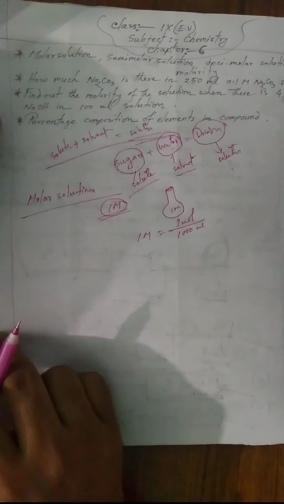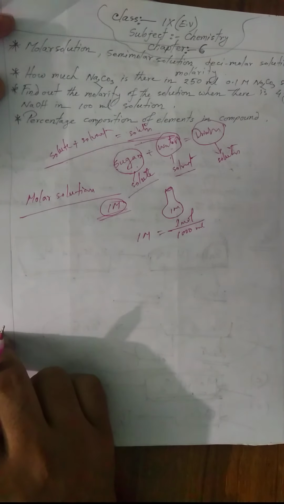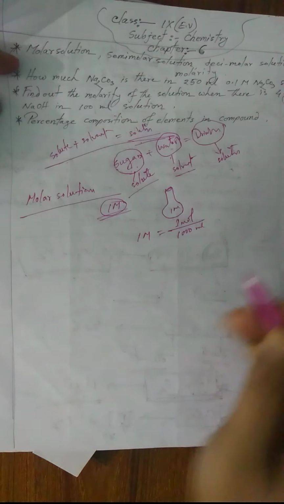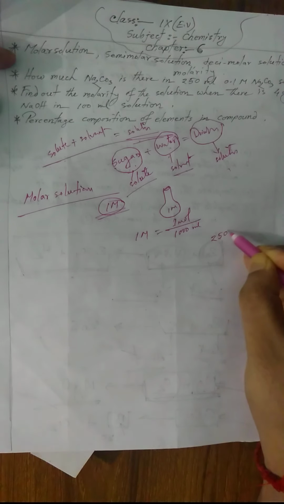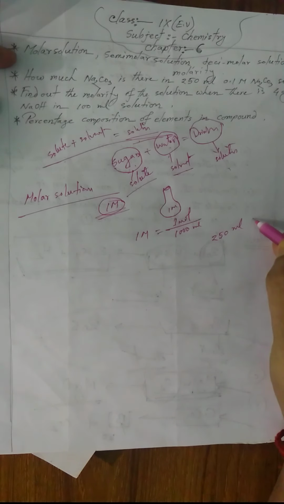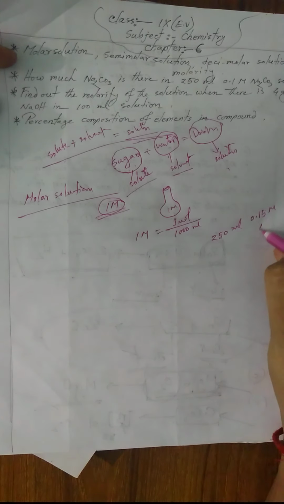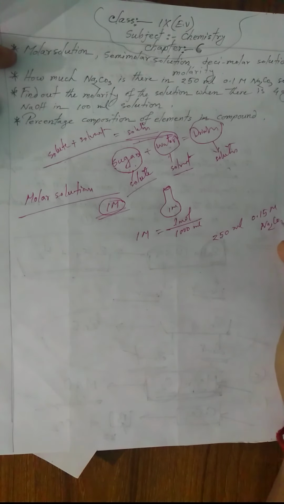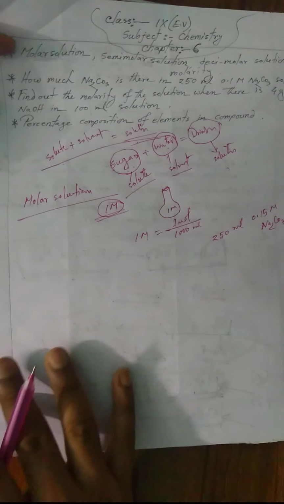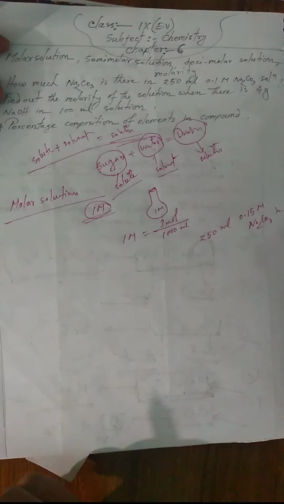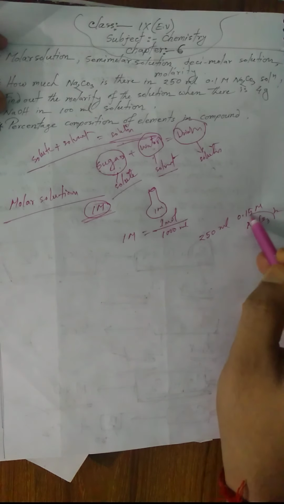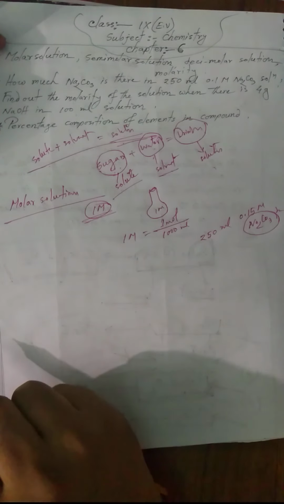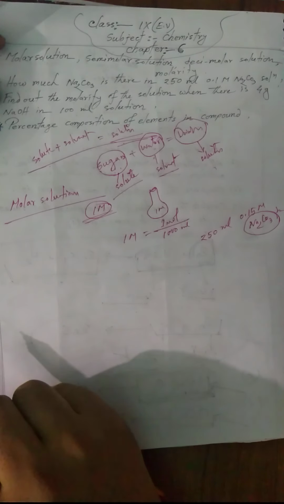Suppose we want to prepare 250 ml 0.15 molar Na2CO3 solution. So at first you have to calculate or measure the amount of solute which is to be added in solvent.